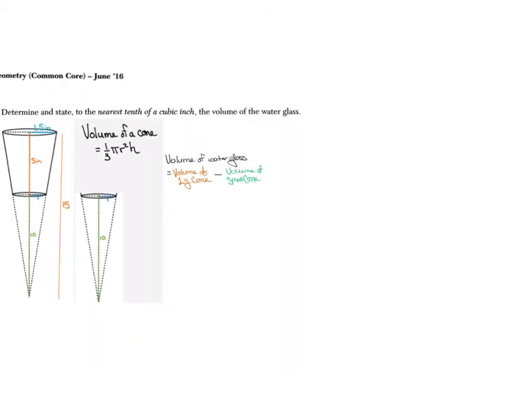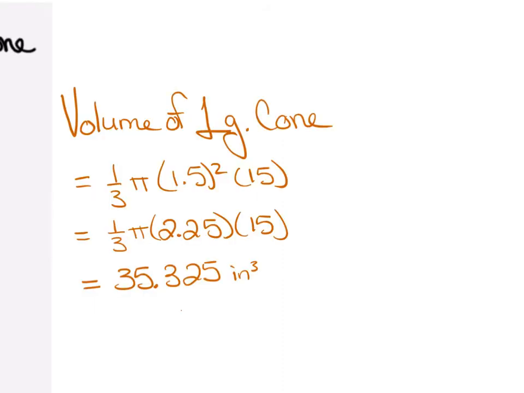So if we look here, we'll notice that the volume of the water glass, again, can be found by simply finding the volume of the large cone and subtracting the volume of the small cone. To find the volume of the large cone, again, recall the height is 15, and for that one the radius was only 1.5 inches.